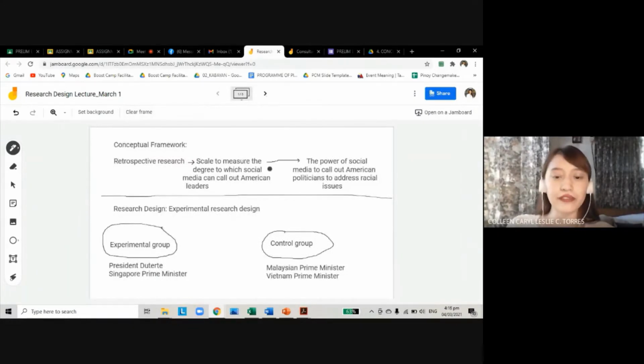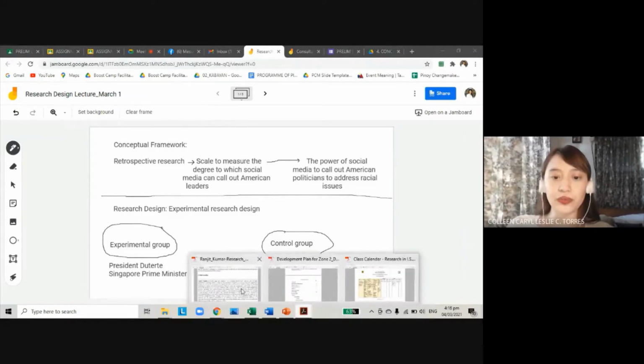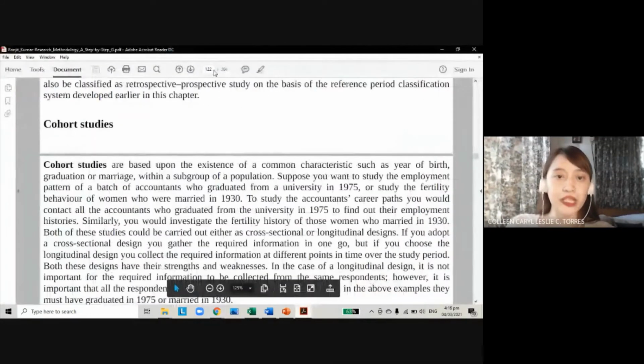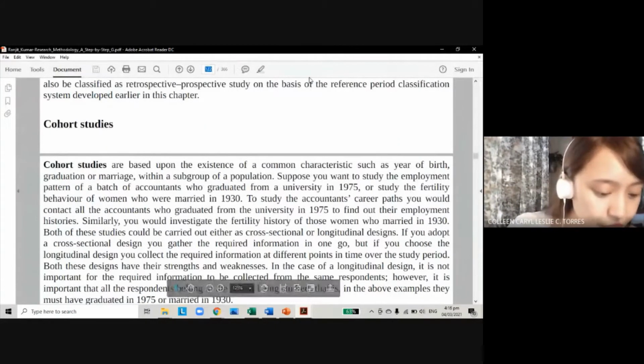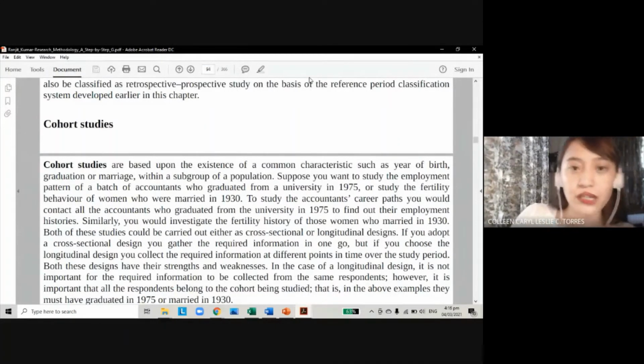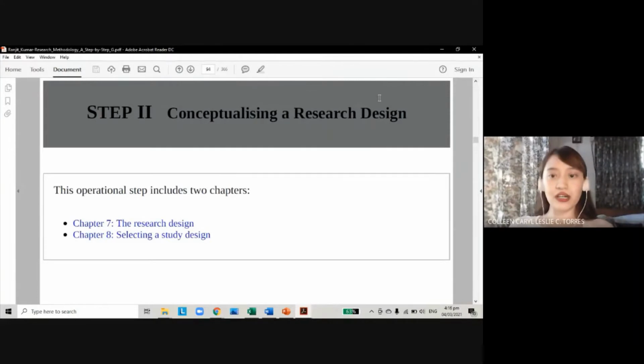And this afternoon class, we are going to base our lecture on our textbook as usual. So kindly go to page 94. Please do get your copies of the book and follow. This afternoon, we're going to go through the following topics.